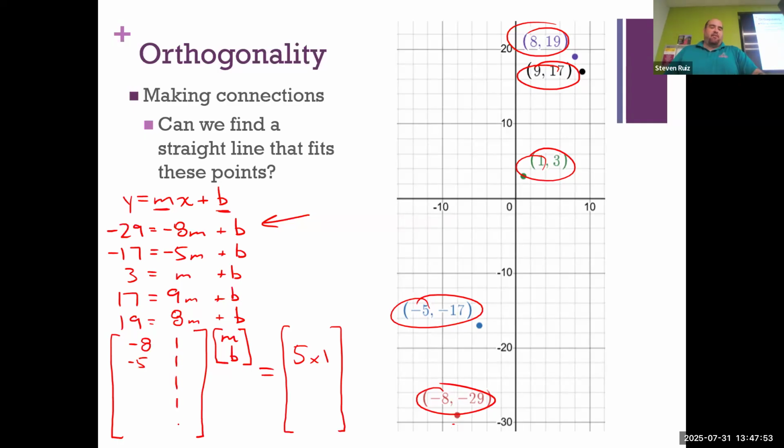In every one of these equations, I am dealing with a single y-intercept b, so the only thing that varies is the left-hand column, which is the coefficient of m. And then what goes in this 5 by 1 matrix on the right-hand side of the equal sign? Negative 29, 3.